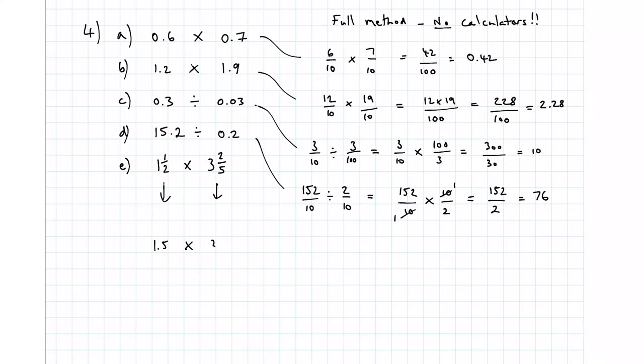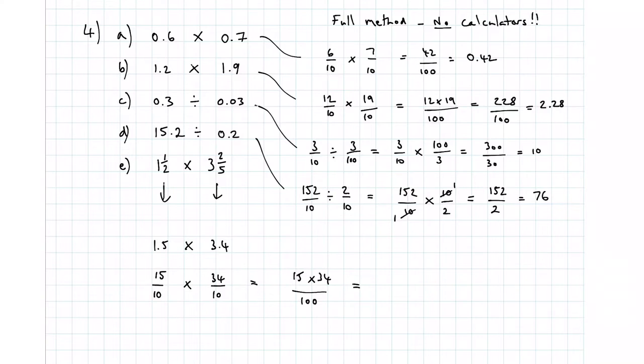Now you might think to yourself, why have I turned it into decimals when I'm going to turn it back into fractions? Well, it'll help me turn it into easy fractions, 15/10 and 34/10. So I've reduced this question to 15 times 34 on the top, and 10 times 10, which is 100, on the bottom. Multiplying this, you get 510.